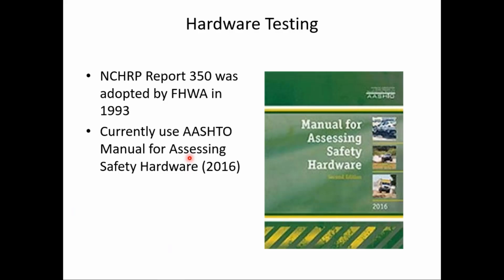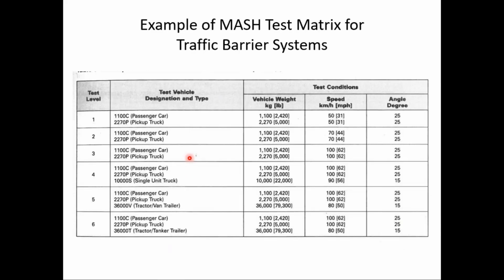Again, I'm not going to get into the details of that, but I did want to mention some of the key things in terms of how this hardware in the roadway is tested. There are basically 6 test levels that a device or piece of hardware can be certified for.